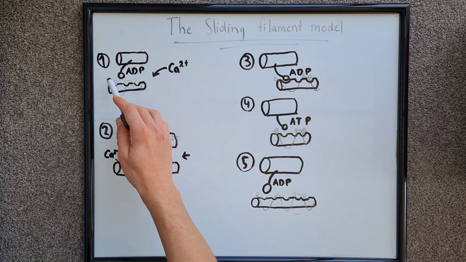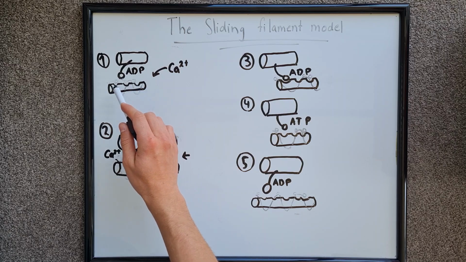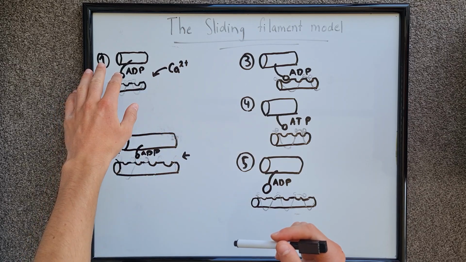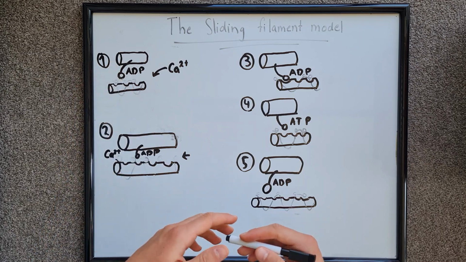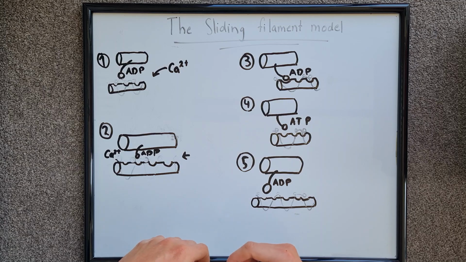Now, the tropomyosin blocks the binding sites on the actin molecule, so the bulbous head cannot attach to form an actomyosin link, a cross bridge.